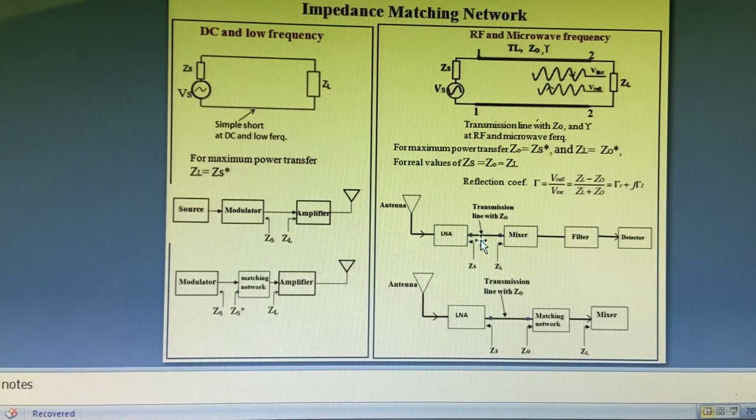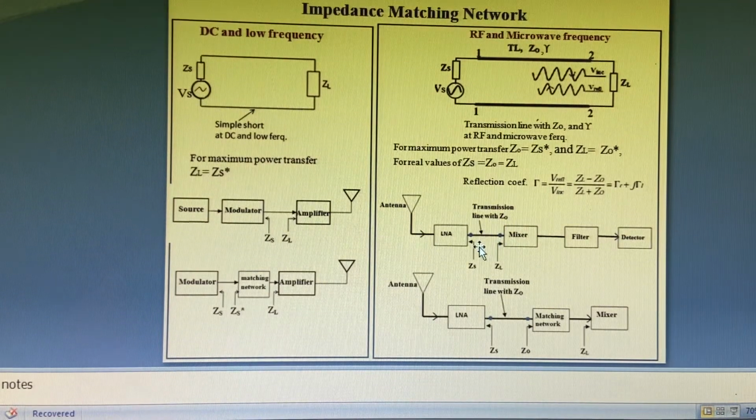So the output of one acts as a source to the input of the other circuit. Here the mixer is acting as a load and the LNA is acting as a source. So matching should take place between the input impedance of the mixer and the output impedance of the LNA. Not only that, between the LNA and mixer there is a transmission line with a characteristic impedance of Z0.